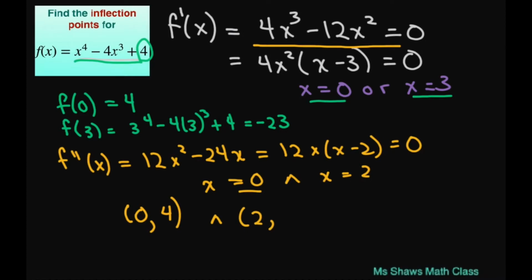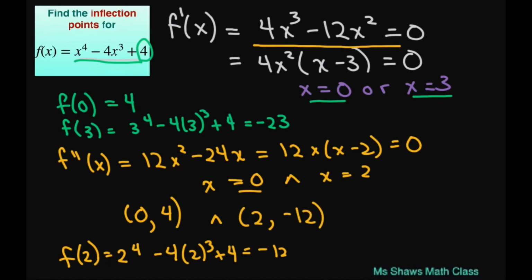If you substitute in 2, let's see, let's do f of 2: 2 to the 4th minus 4 times 2 cubed plus 4. That's going to give you negative 12. So that's your inflection points there.